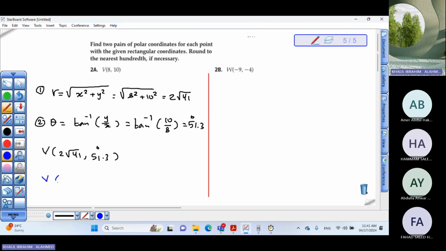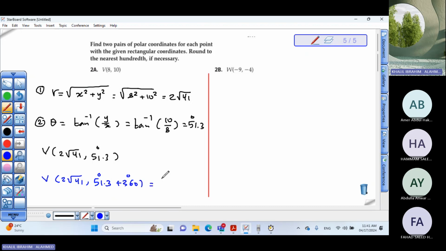Okay, the second. What is the second? 2 radical 41, and you should add what? 2 pi or 360. 51.3 plus 360 degrees.